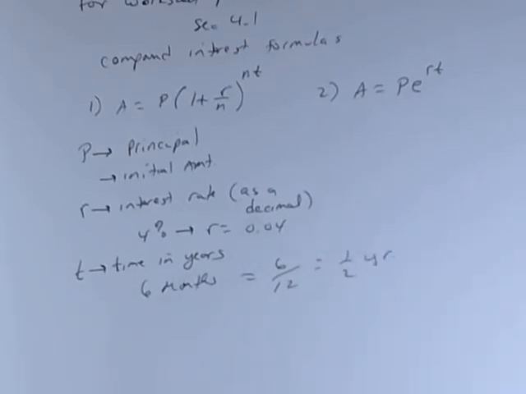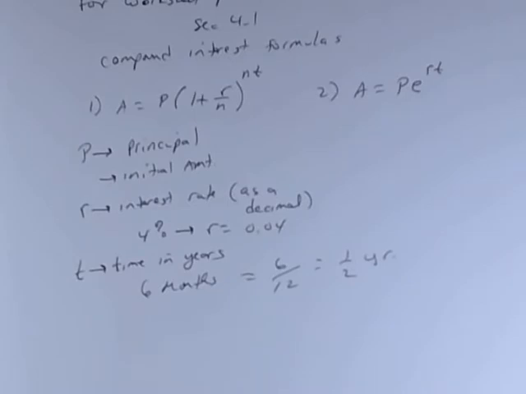But most of the time it will be written in years. Just once in a while they'll give you the time in months. So if this is 18 months, how do you convert that to years? You divide by 12. So you say 18 divided by 12.